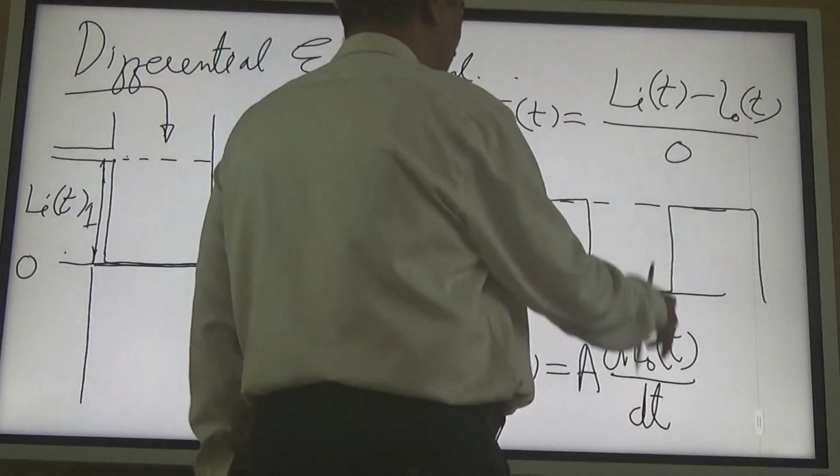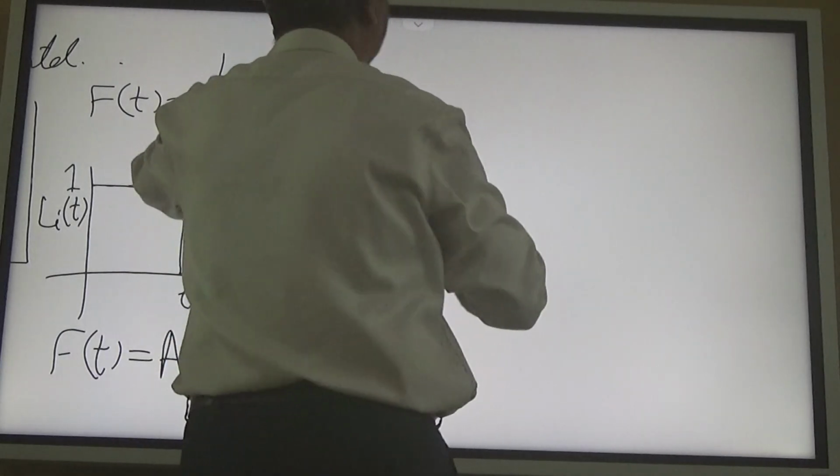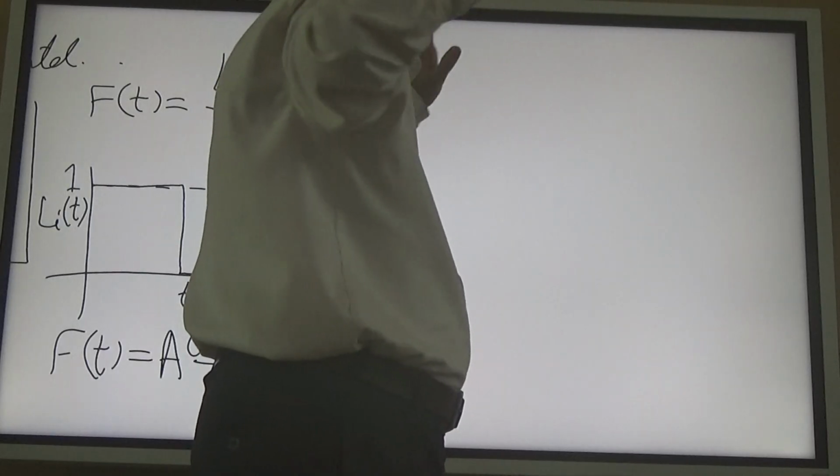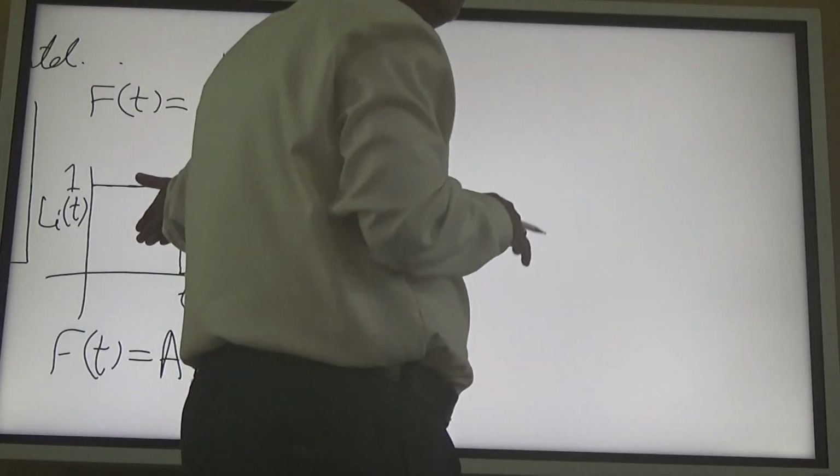So what is the final equation then? The only change is that LNT will not be replaced by 1. It will remain as LNT, and that LNT I can change.